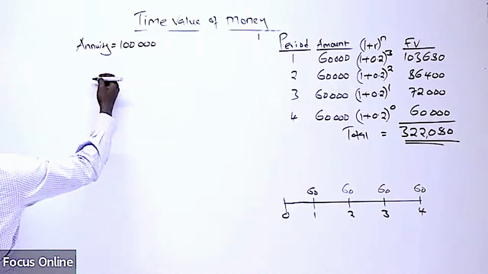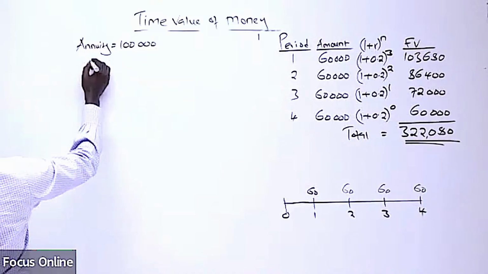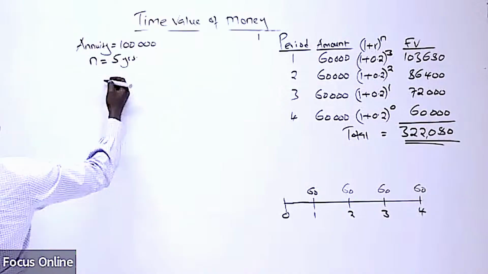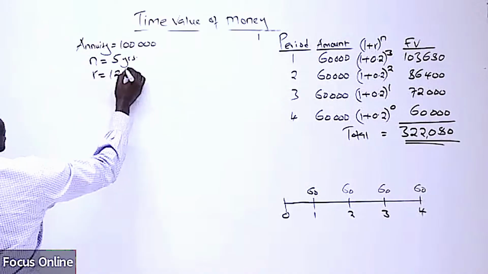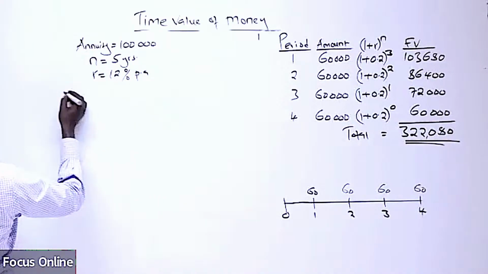The period is 5 years. Interest is 12% per annum, and it's at the beginning.